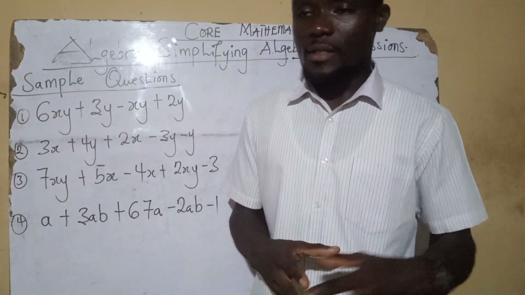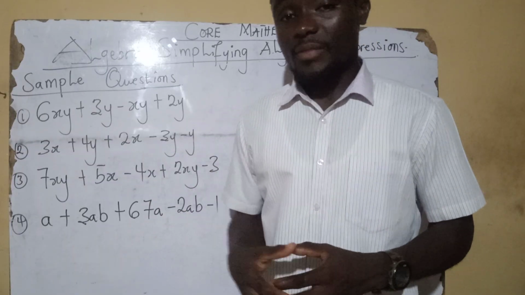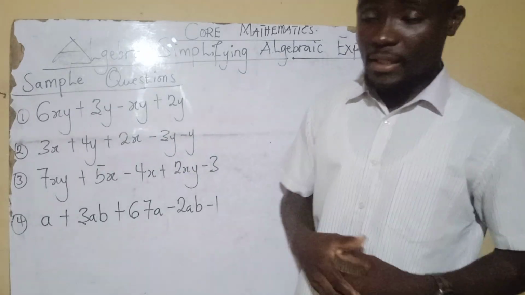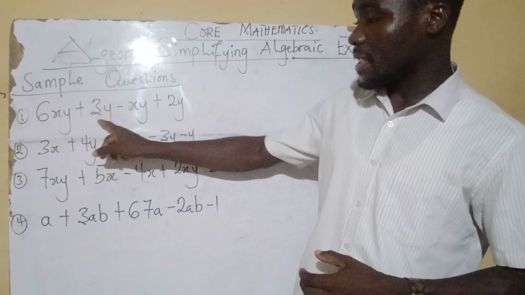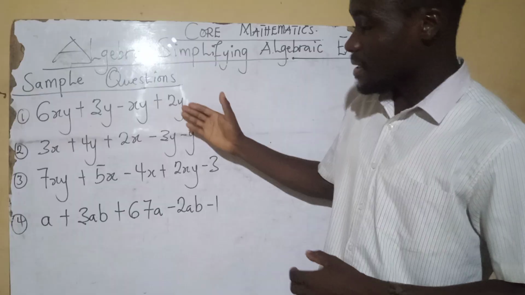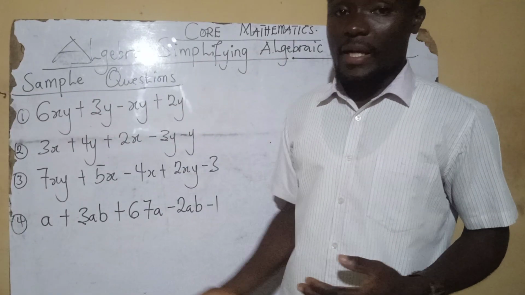That makes it an algebraic expression. Two, we don't have any equal sign within this. If you look at question number one, we have 6xy plus 3y minus xy plus 2y. You realize that there is no equal sign in it. That makes it an algebraic expression.